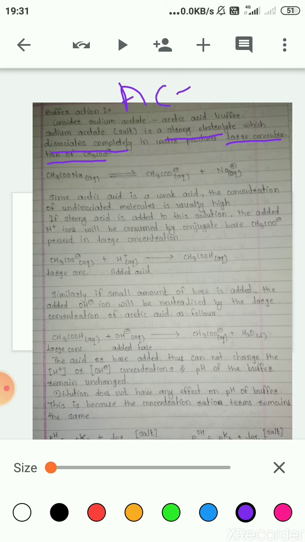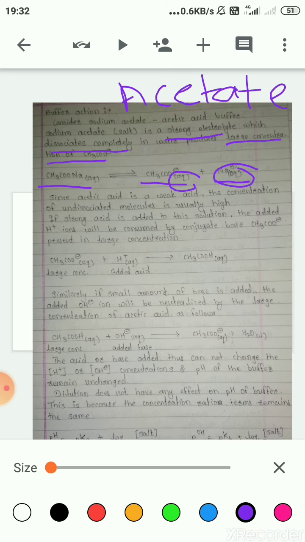The dissociation reaction for sodium acetate: sodium acetate in water undergoes dissociation and forms the acetate ion plus the sodium ion, that is, CH3COO minus ion and Na plus ion in aqueous solution.